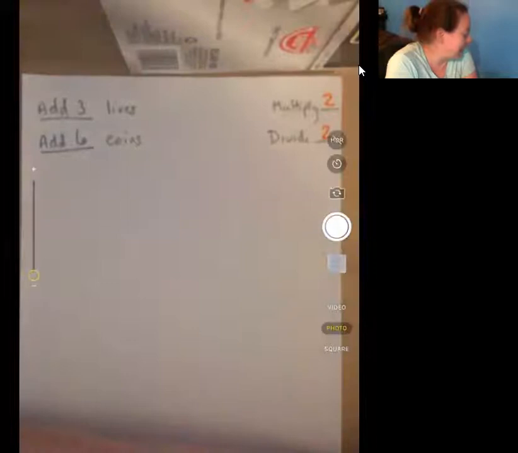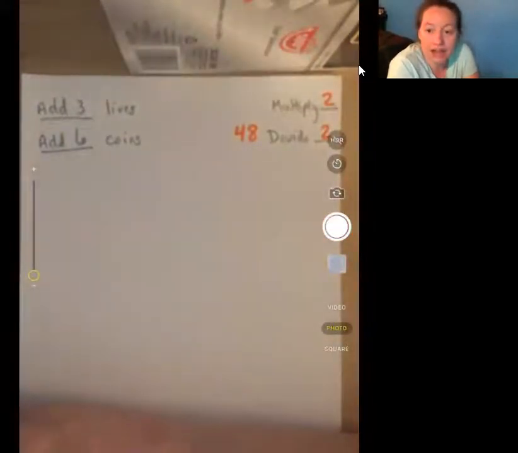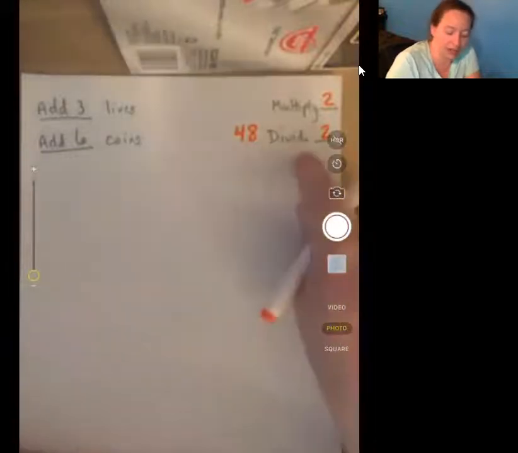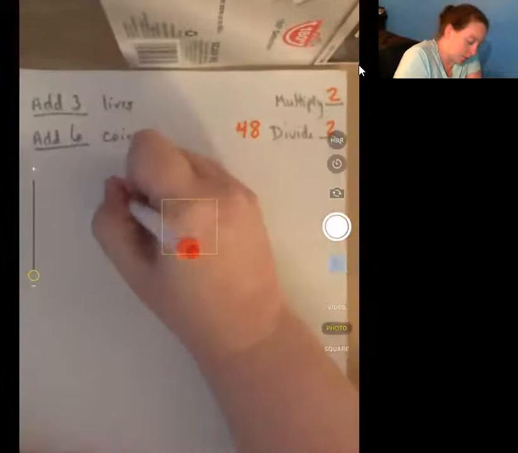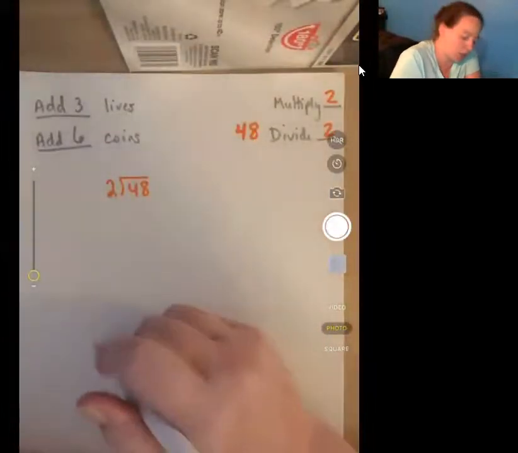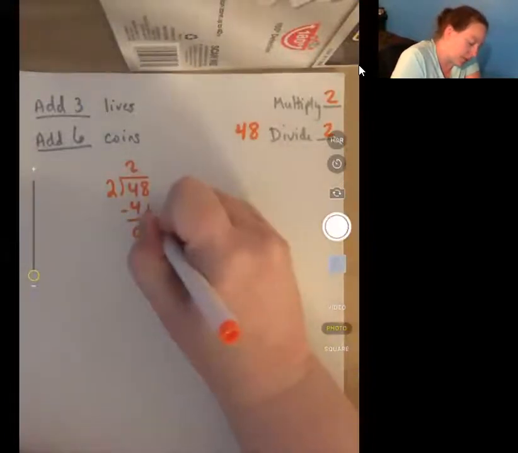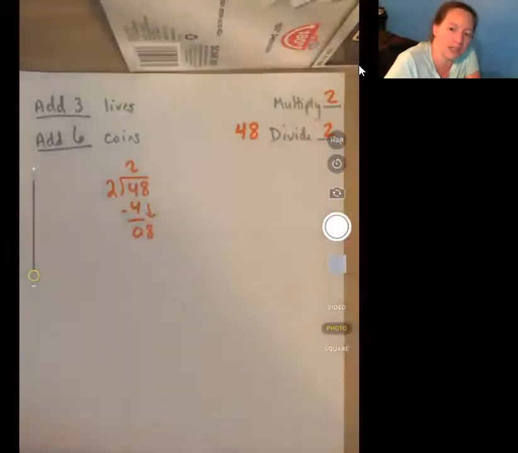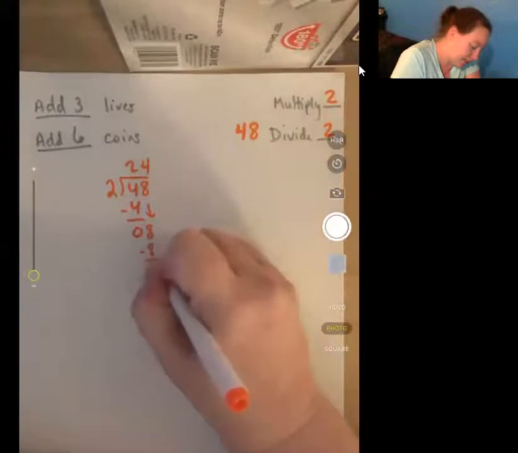So at the 8th level, I have 48 coins. If I divide 48 by 2, 2 goes into 4 how many times? 2, because 2 times 2 is 4. 4 minus 4 is 0, bring down the 8. 2 goes into 8 how many times? 4, because 2 times 4 is 8.